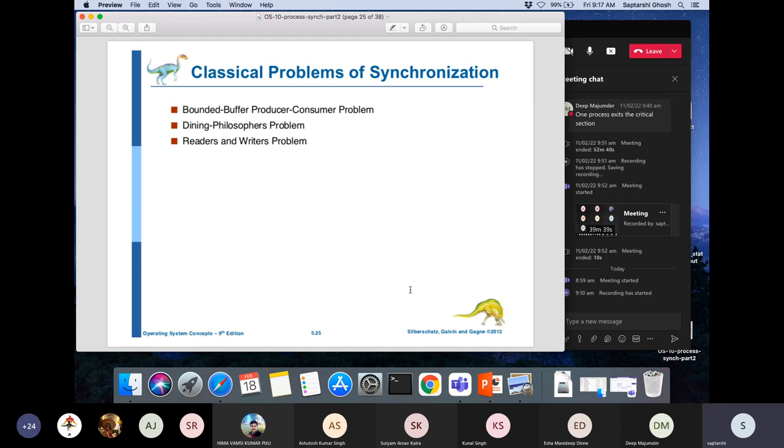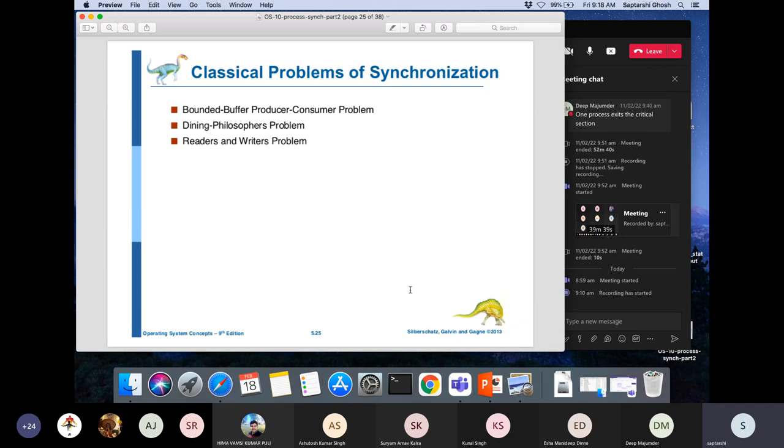So if a new algorithm is being proposed, or nowadays new processors are being proposed every day, say even when a smartphone comes out, how powerful is the processor in the smartphone? For that, there are some benchmark tasks which people do and report their results: how much time did this task take? That is benchmarking. So these three problems which we are going to discuss are benchmarks in synchronization.